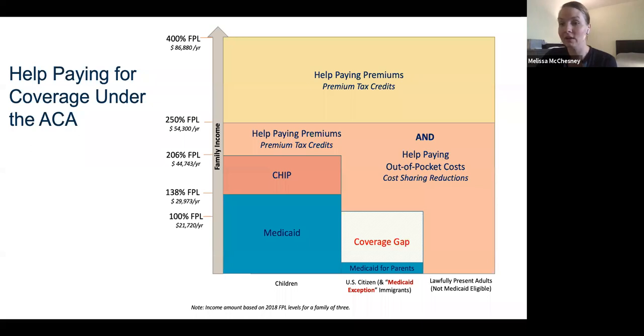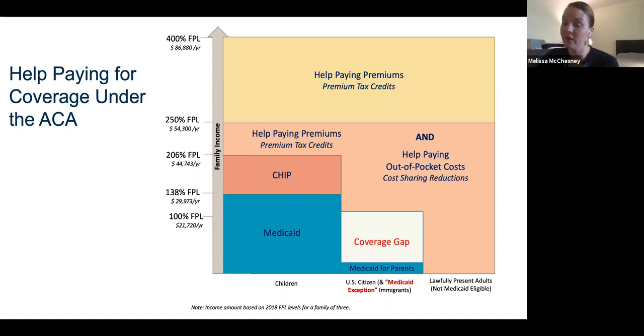If you're a child, as long as you're not completely and entirely undocumented, you're likely to be eligible for Medicaid. The only exception being some of the temporary visas, like a visitor visa or a tourist visa. But for adults, we keep it to the bare minimum that's required by federal law.